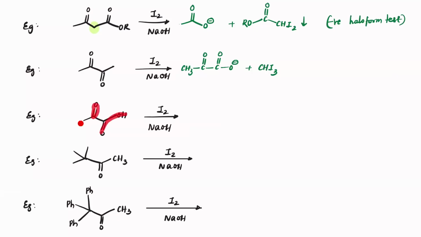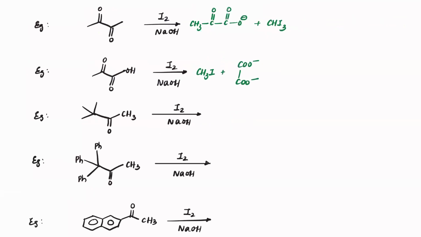So there is an active methyl group here. So that will convert into CHI3 plus COO minus and COO minus. Here one side C double bond O is there, that will become CO minus, and this will become CHI3.